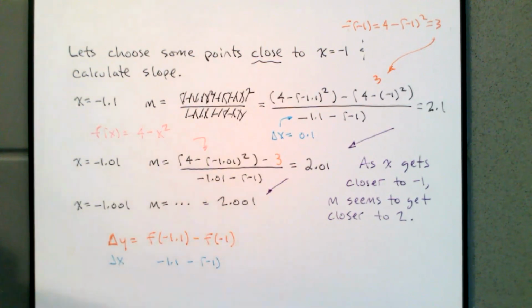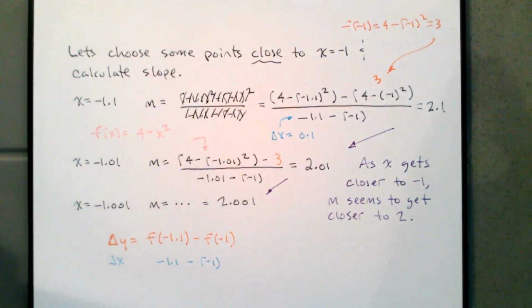So we're looking at the change in y and the change in x, so we subtract the 2 values: y2 minus y1 over x2 minus x1. Change in y over change in x, that's rise over run. So this is coming from values that are smaller than -1. This is x approaching -1 from the left. What happens if x approaches -1 from the other side, from the right?